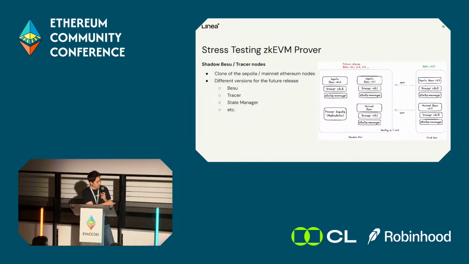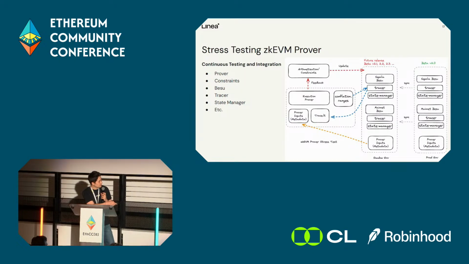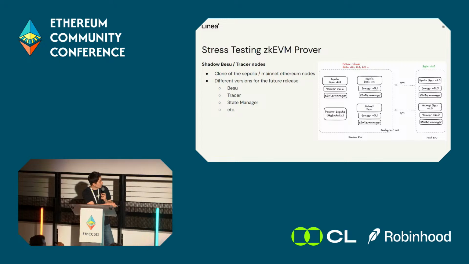So when you look at there, we have Sepolia and mainnet environment. Those are version, for example, 2.0. And we are actually deploying these Sepolia or mainnet Besus in our testing environment. So it's a kind of a copy-paste, and we keep syncing those traces.